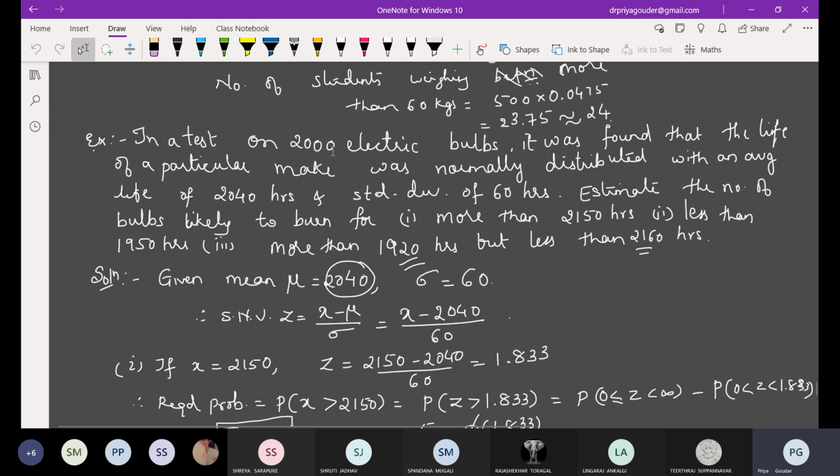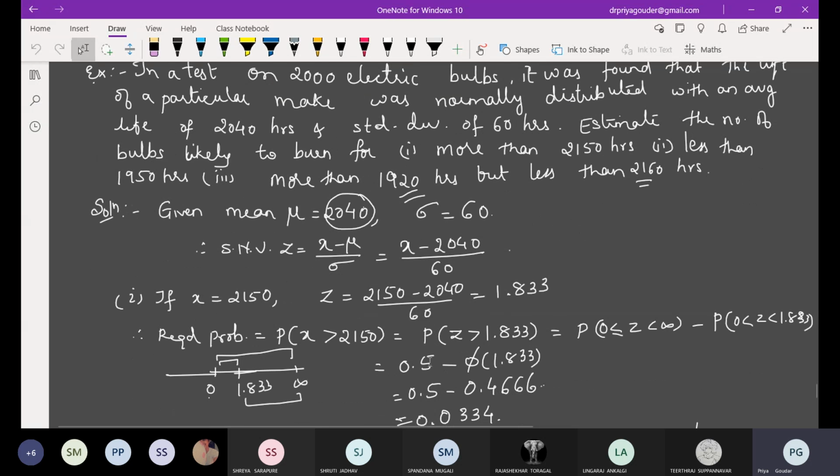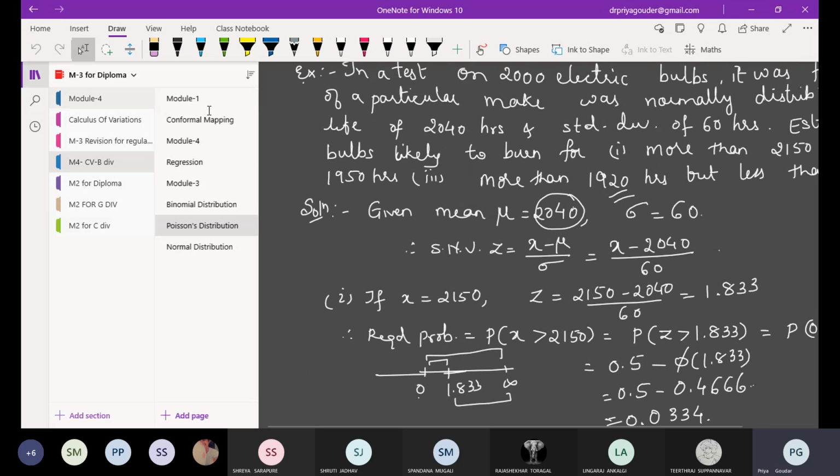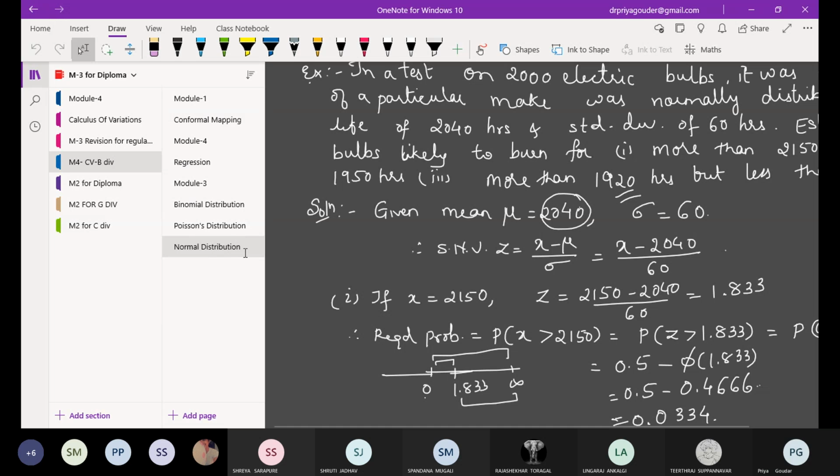One more thing, here they have taken 2500 electric bulbs. Okay, let it be, we'll solve it once again.